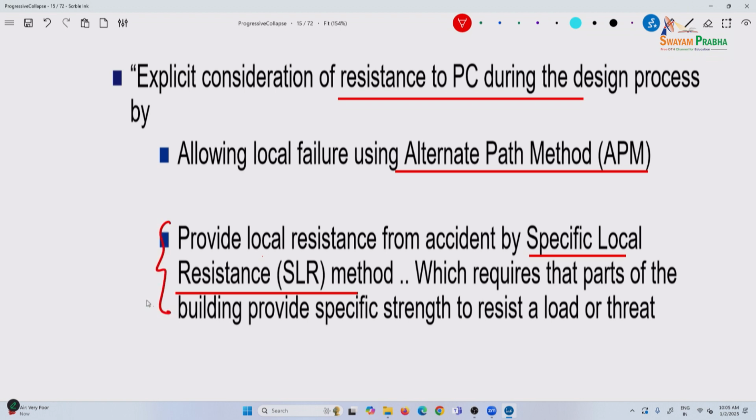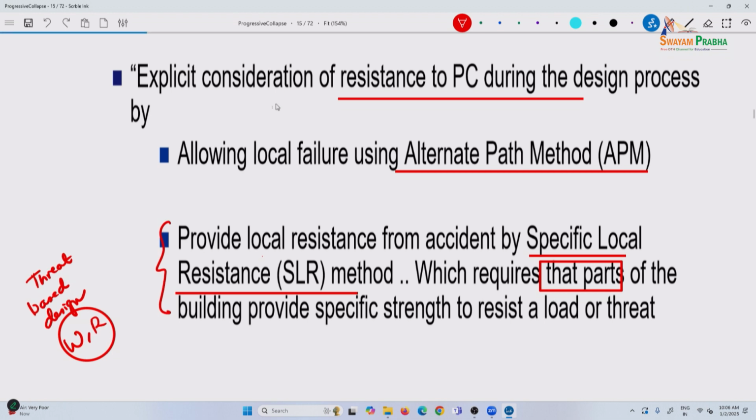So, this is where your threat based design comes in, based on W and R. You can design certain elements, not all, but you can design parts of that structure to resist a threat, and the rest of it you are using alternate path method.